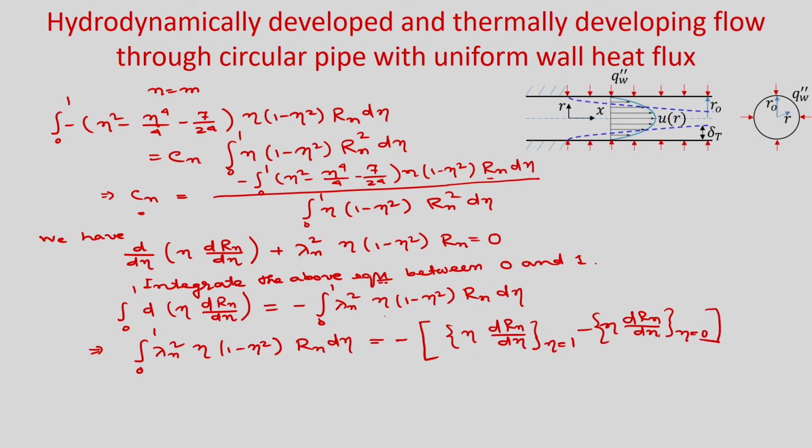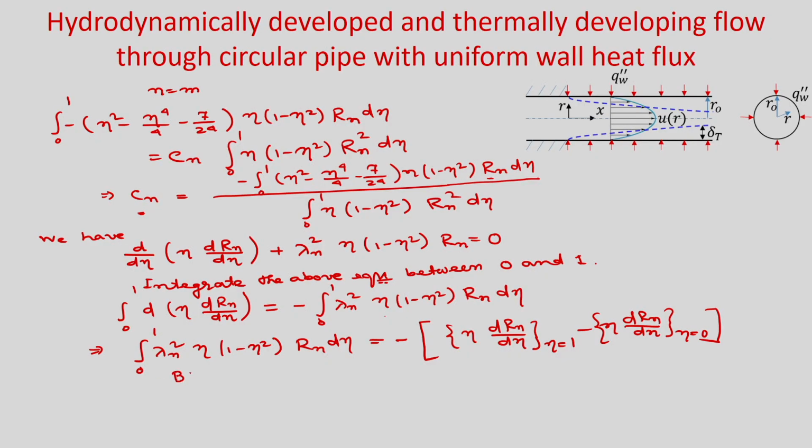Now, you recall the boundary conditions. At eta equal to 0 and eta equal to 1, you have del theta_d by del eta equal to 0, and theta_d is a product of x and R, but R is only a function of eta. So, your boundary condition at eta equal to 0 and 1 gives dR_n by d eta as 0.